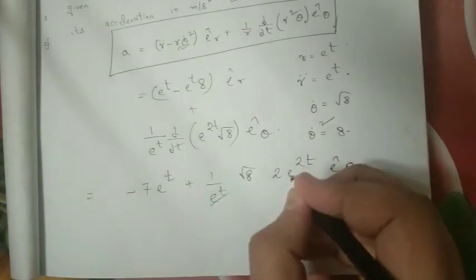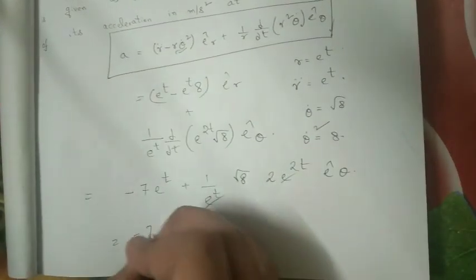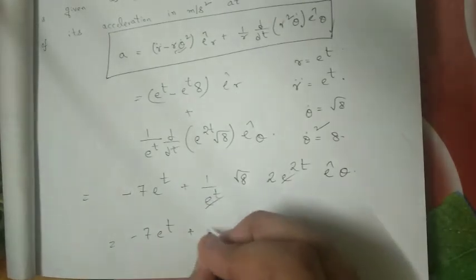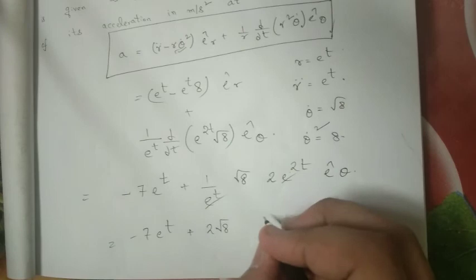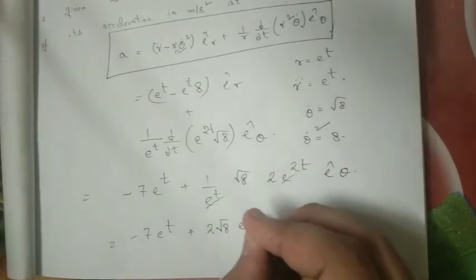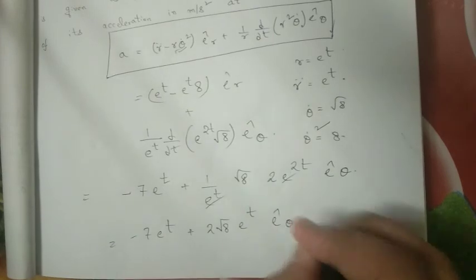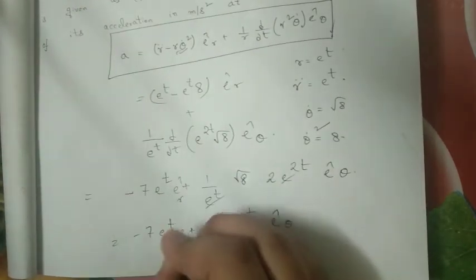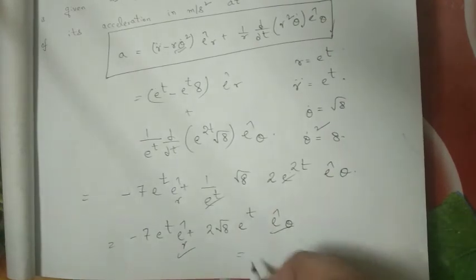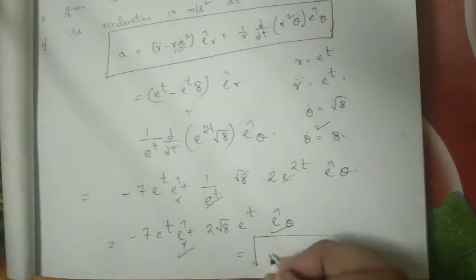So you can see the power gets cut, and it is 2 root 8 e to the power t, isn't it? So these are again perpendicular. Just take the modulus.